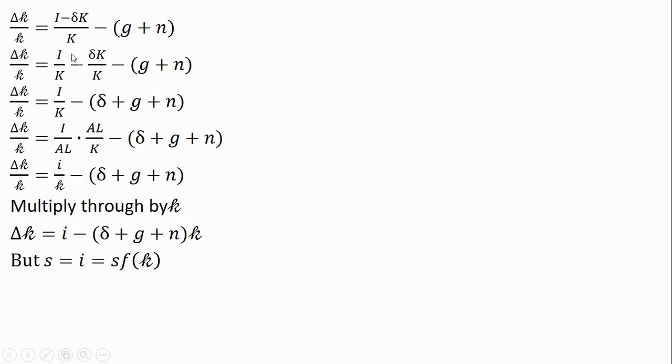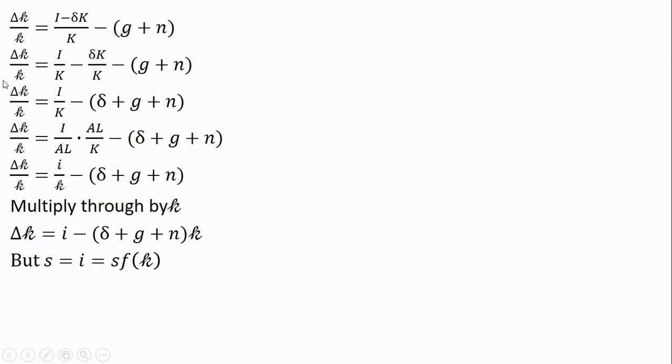That's why I'm having change in kappa over kappa equal to I over k minus sigma k over k, then minus g plus n. If we divide sigma k over k, the k will go and we remain with only sigma.